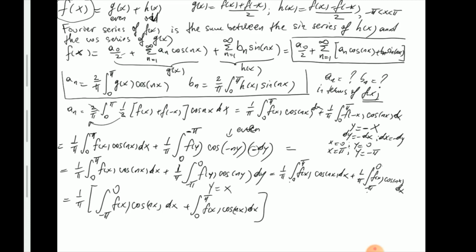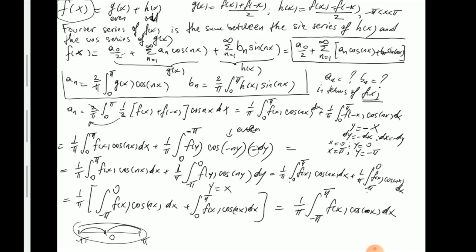That's like integrating over an interval, first half plus the second half, right? So imagine you have the interval minus pi, pi and 0. The integral over this plus the integral over this is the same as the integral over the whole interval. So I can write the whole thing as one nice single integral from minus pi to pi of f of x cosine of nx dx.